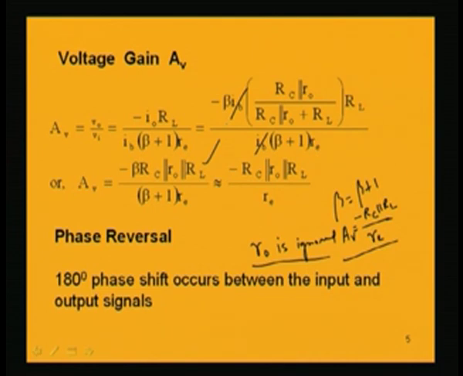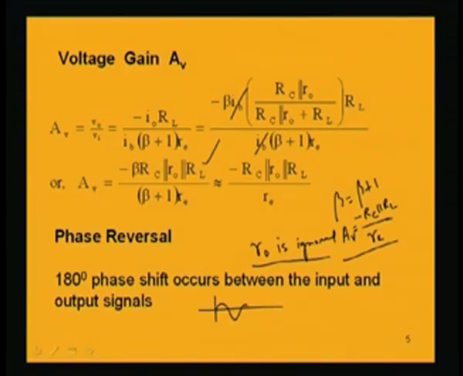One thing to be noted here is the minus sign. This minus sign has a significance, because a minus sign means a phase reversal of 180 degrees, or the output voltage is out of phase by 180 degrees with the input.